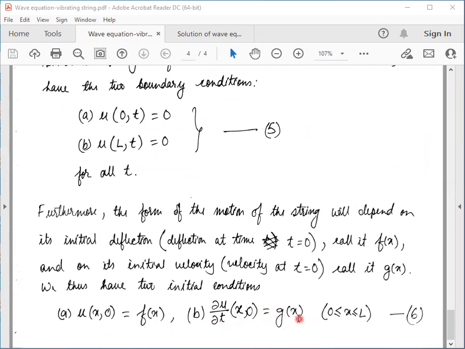Here, g of x means different points on the string can have different values of initial velocity. So we are going to solve the wave equation subject to the boundary conditions and the initial conditions. That is, the solution which we obtain should satisfy the boundary conditions and also the initial conditions. Okay, so let us start solving it.